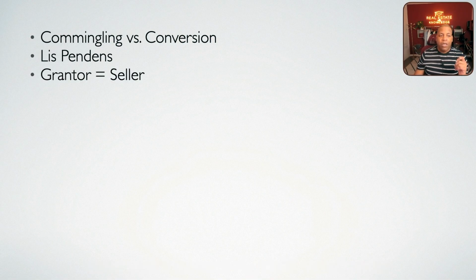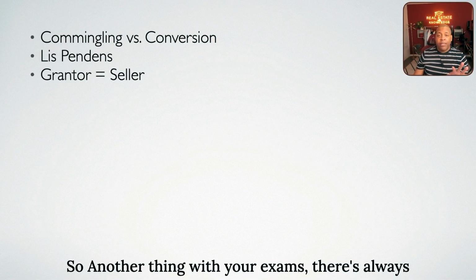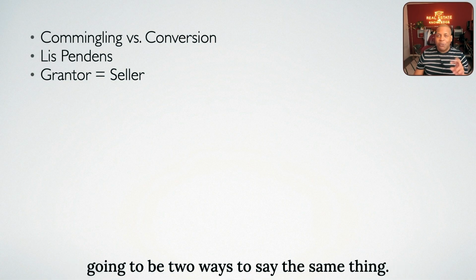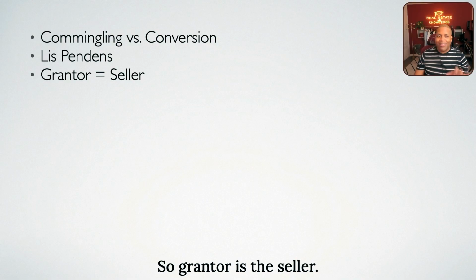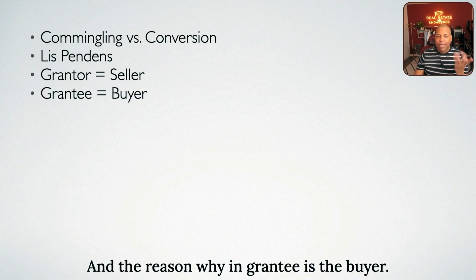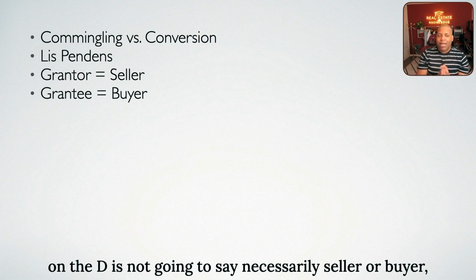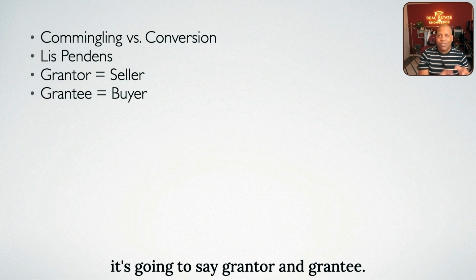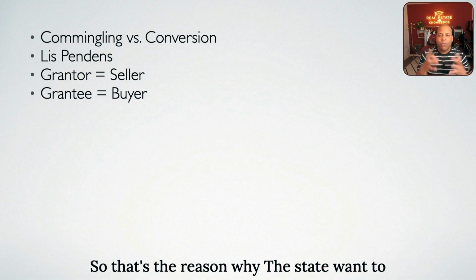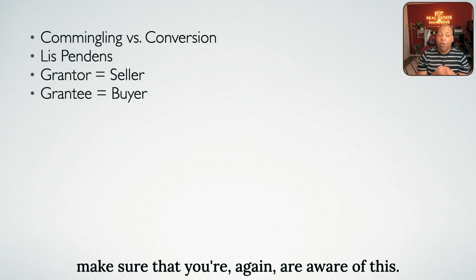Okay. Another thing with your exams, there's always going to be two ways to say the same thing. Grantor is the seller, and grantee is the buyer. The reason you have this terminology is because the deed is not necessarily going to say seller or buyer. It's going to say grantor and grantee. So the state wants to make sure you are aware of this.